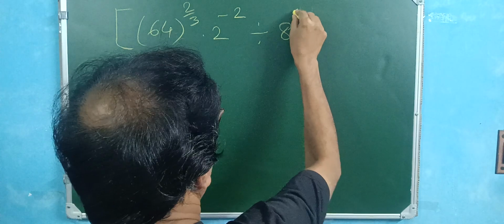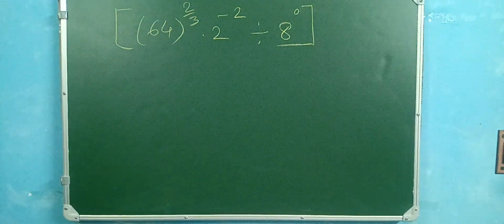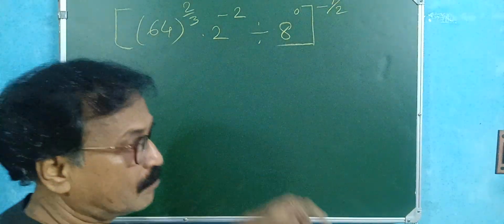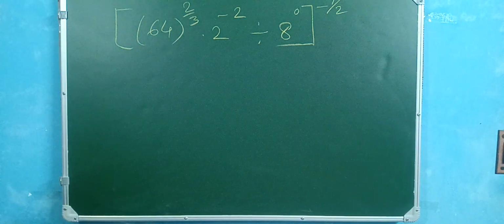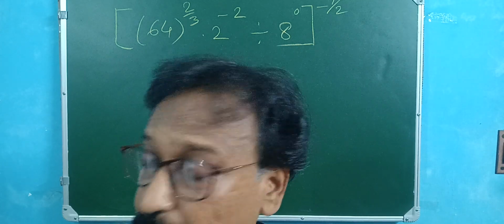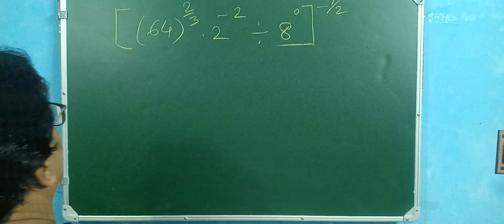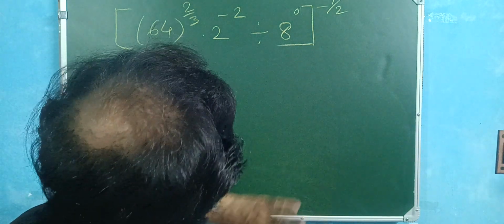Now this is closed, and what is the power? This is minus half. This is the sum. No problem. Clear? This is 64 bracket 2 by 3, this is 2 to the power minus 2 divided by 8 to the power 0, this is minus half. Okay.